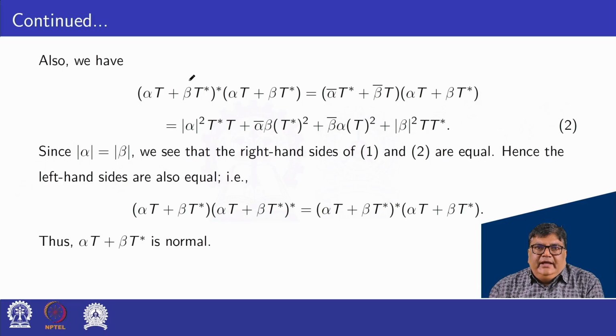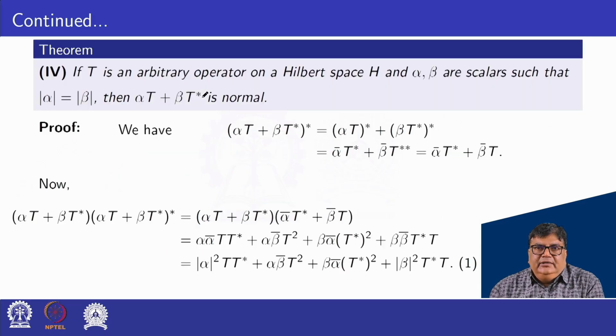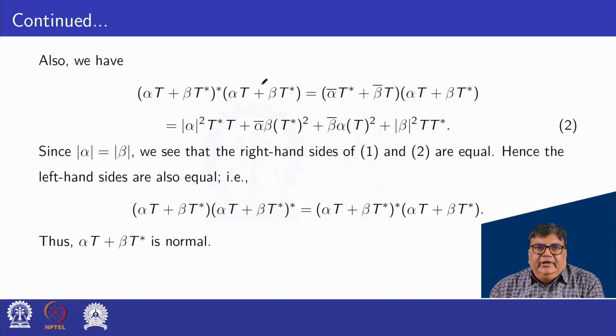Again, putting the value of star of alpha T plus beta T star from here, we have alpha bar T star plus beta bar T into alpha T plus beta T star.